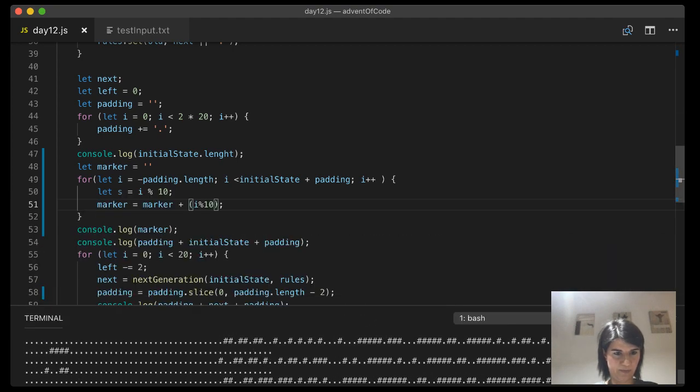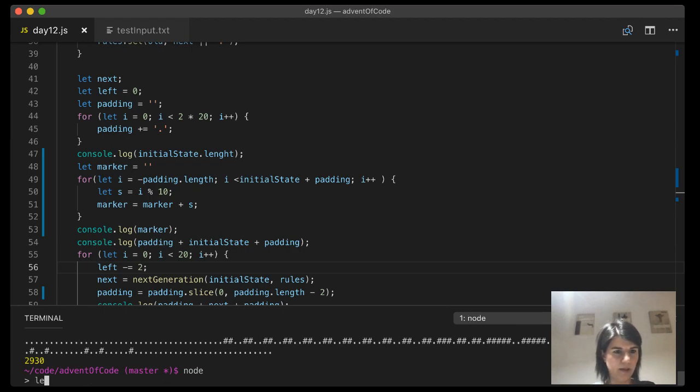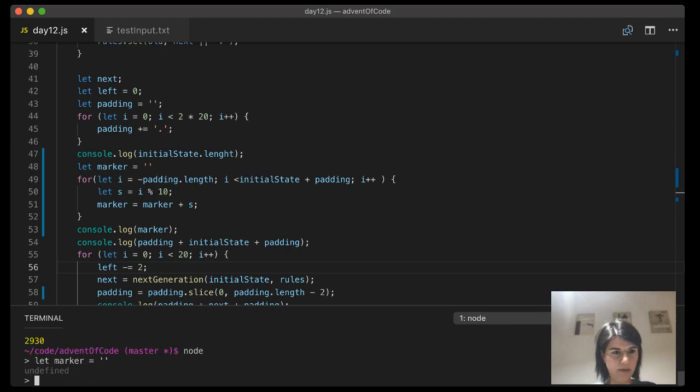No. Anybody have an idea why I cannot concatenate marker with a string? Okay, let marker, let s equal 7 modulo. Oh, no, s is that, and now we do marker plus s is 3.